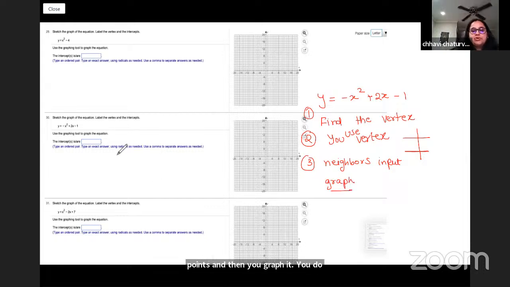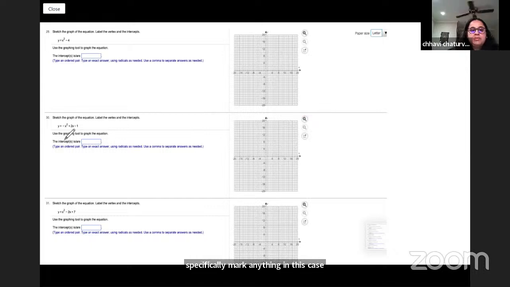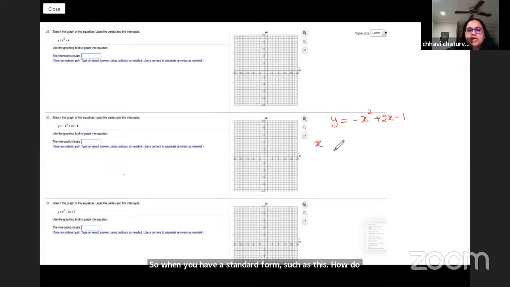You do not have to specifically mark anything in this case. So when you have a standard form such as this, how do you find the coordinates of the vertex? For the standard form, you will first find the x value, which is negative b over 2a.